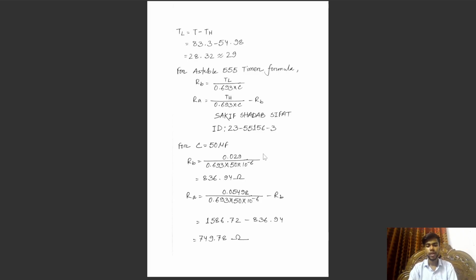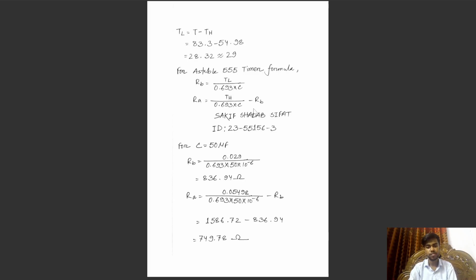The TL is 0.029 and 0.693 is constant, and the value C has been put here. So 50, which we need to multiply with 10 to the power minus 6, and the result for the RB is 836.94 ohm.